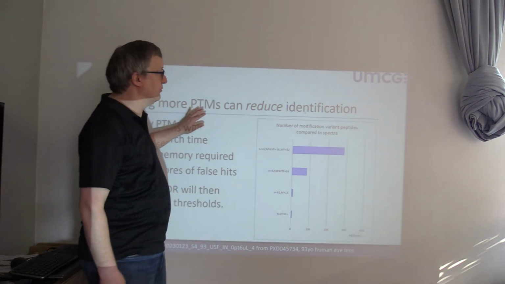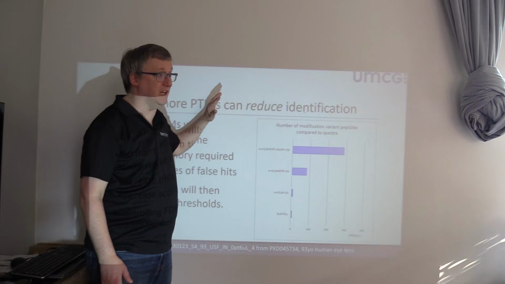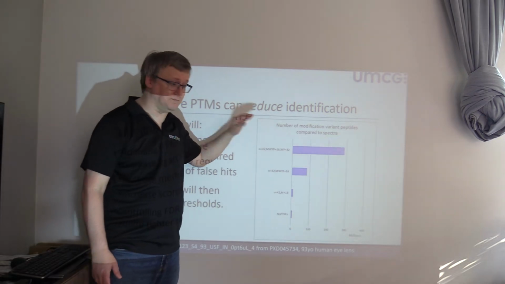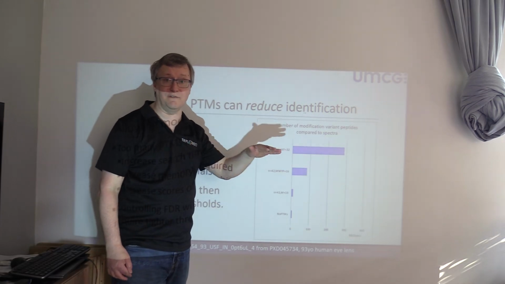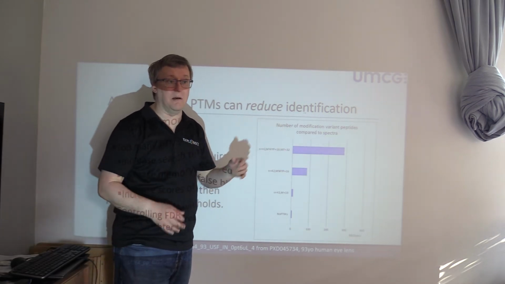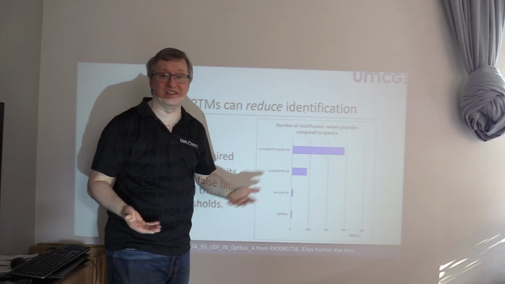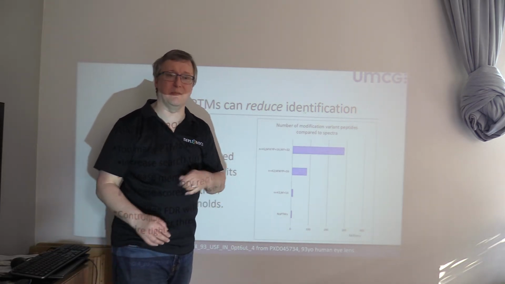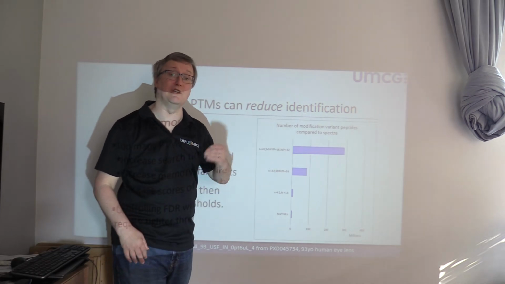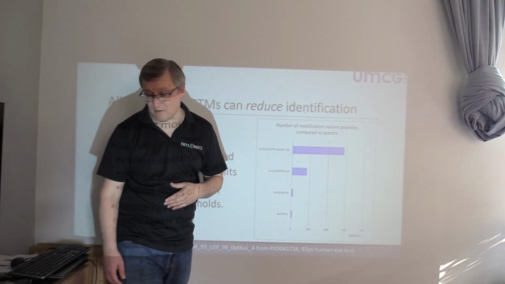But if you are going to increase the search space, the chance that a real sequence that is unmodified gets outcompeted by all the peptides added to the search space means that you could lose identifications by considering additional modifications. You could lose sensitivity by doing so.